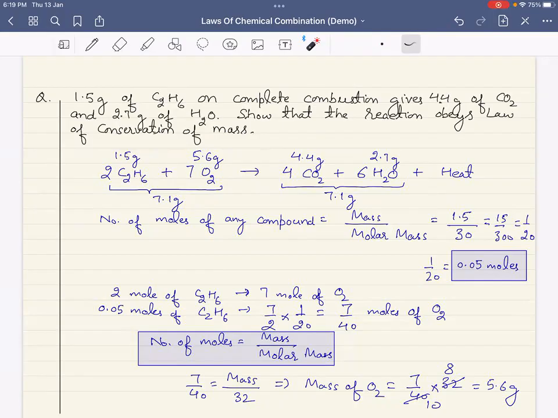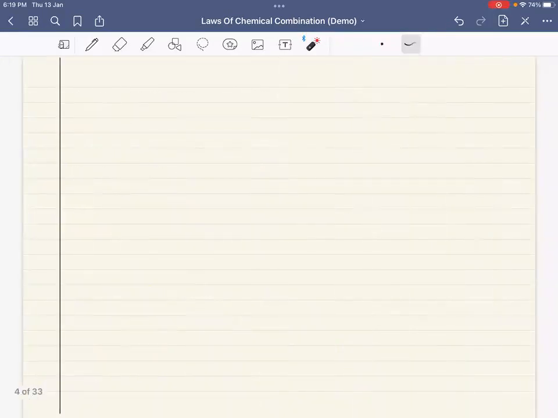Now we will go ahead with the second law. Second law is the law of definite proportion.